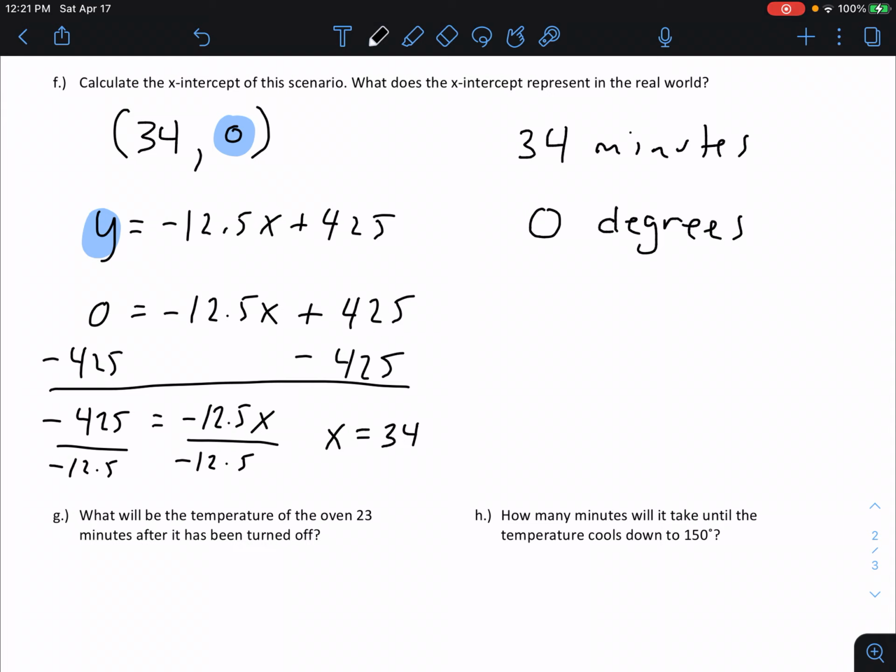It's going to drop down to whatever the temperature of the room in the house is, right? And most houses have a temperature of about 70 degrees. So this is an unrealistic x-intercept because there's no way that the oven is going to get down to 0 degrees. Okay, and I'll show you what that means when we graph this one, because our graph is going to look kind of weird. It's going to be a bit different.